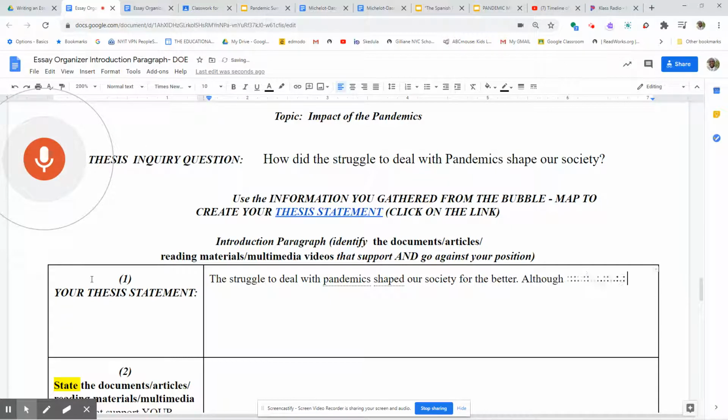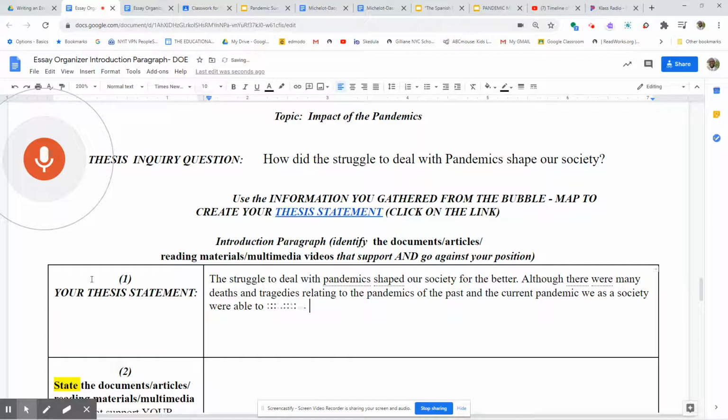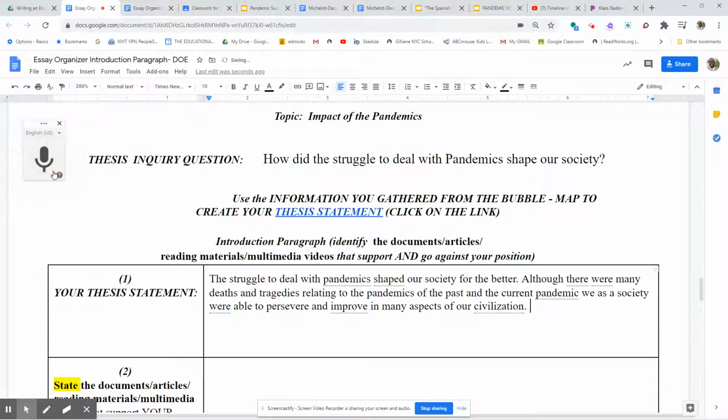Although there were many deaths and tragedies relating to the pandemics of the past and the current pandemic, we as a society were able to persevere and improve in many aspects of our civilization, period. So in this thesis statement, I took the position that things were for the better. That's my thesis statement.